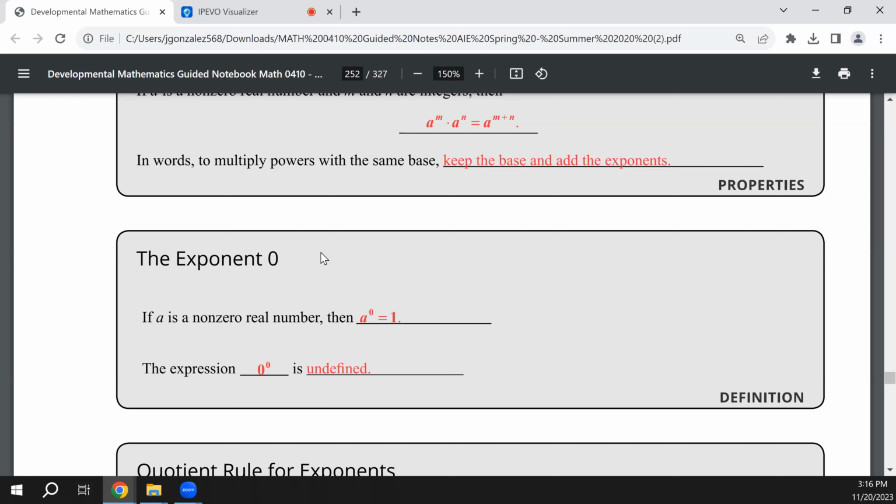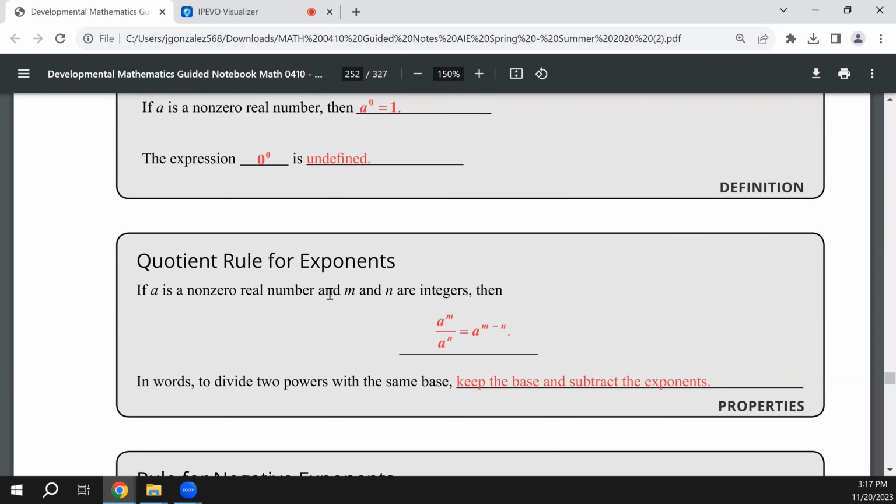Like 10 million to the 0 is 1. Nothing crazy. That makes sense? Simple rule. That's cool in the first one.